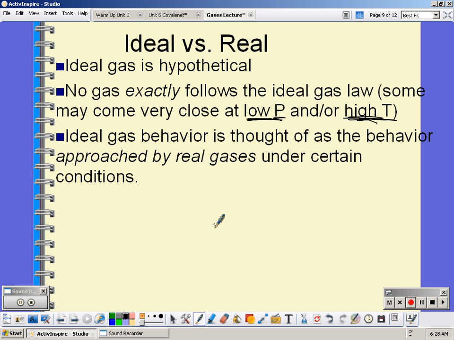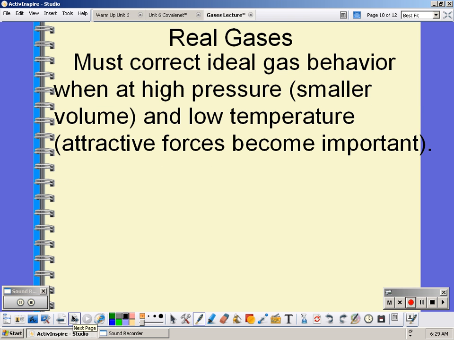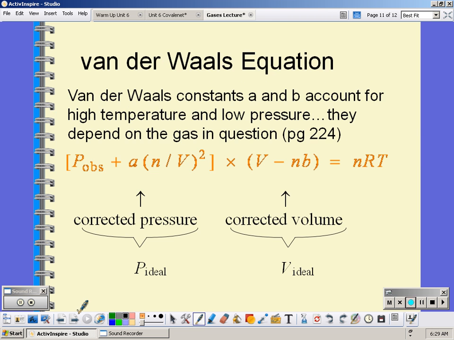Real gases, we must correct the ideal gas behavior when at high pressures, smaller volume, and low temperatures, because the attractive forces do become important. The van der Waals equation uses the constants A and B to account for this, and they depend on the gases in question.